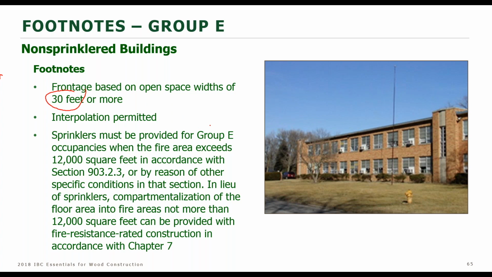But also, I mentioned Chapter 9. The footnotes tip you off when a Group E, for instance, needs to have sprinklers, even though you could calculate it without sprinklers in Chapter 5. So the tables are also helpful to alert the user to some limitations you may miss.